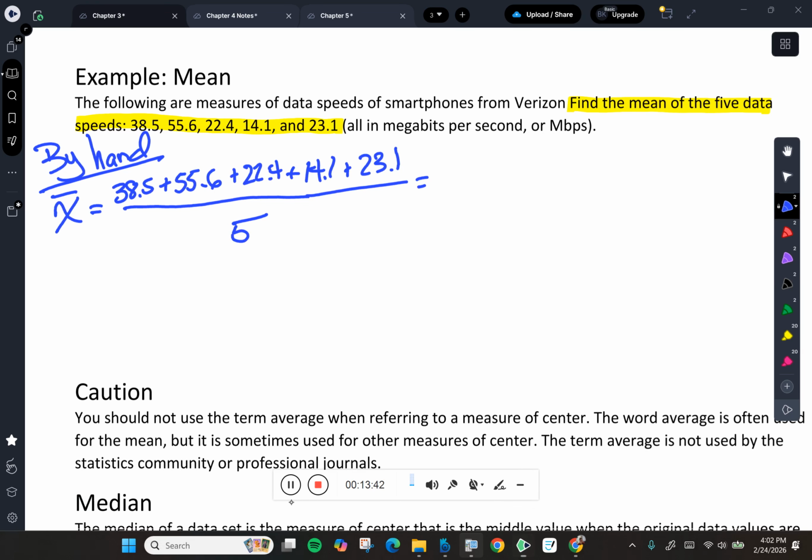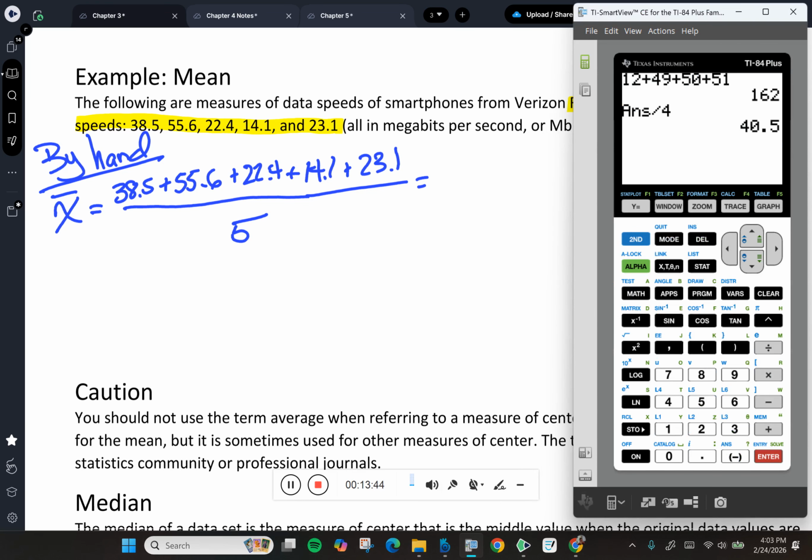Now that looks like calculator work to me, so I'm going to grab my calculator and say 38.5 plus 55.6 plus 22.4 plus 14.1 plus 23.1, and so I get a grand total of my numerator being 153.7 all over 5.